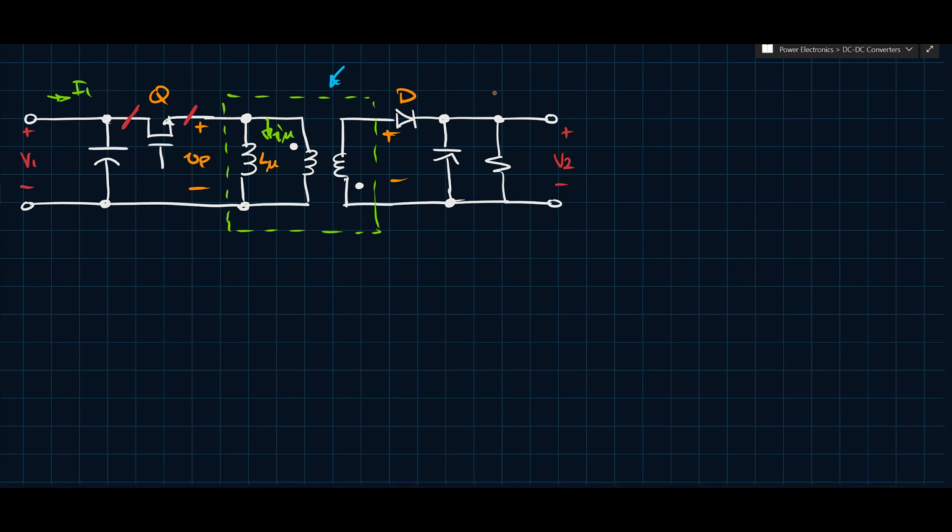Now, the reason this is called a flyback converter is a historical reason. Old school CRT tubes used high voltage transformers, and there was a beam that directs the image that you're looking at.